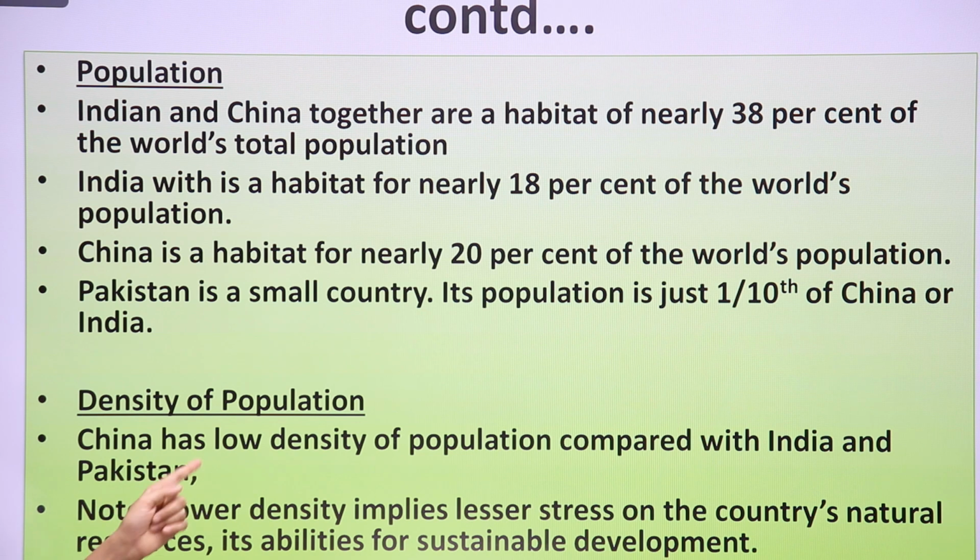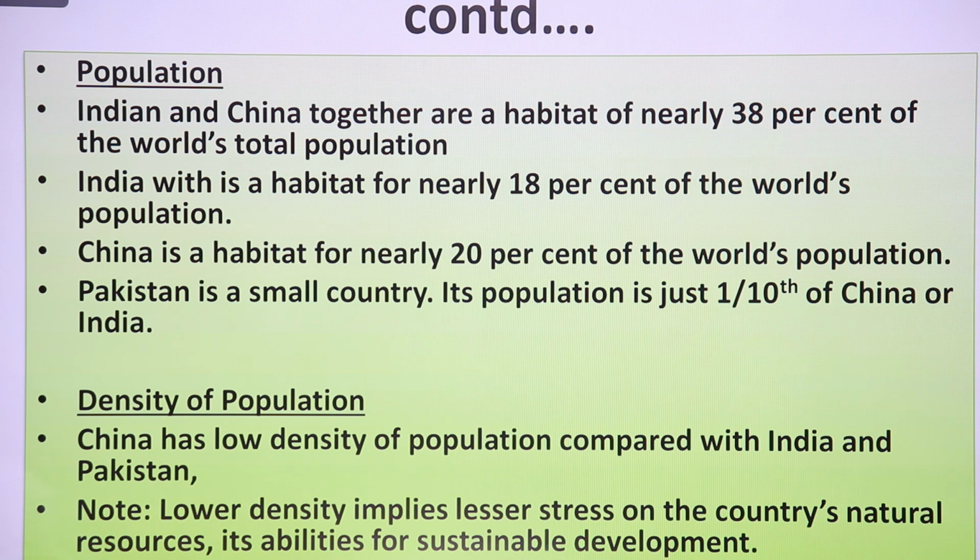Density of population. China has a low density of population compared with India and Pakistan. Now, what is the utility of lower density of population? If any nation has a lower number of people living per square kilometer, is it good or bad? Yes, it is of course good. Why? Because they have more resources on a per head basis.